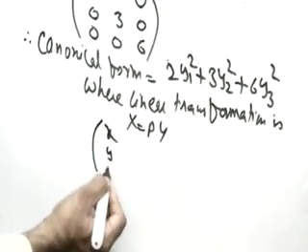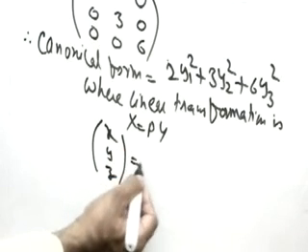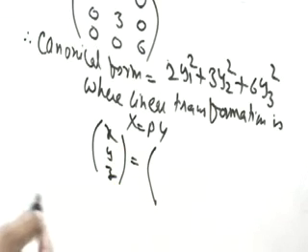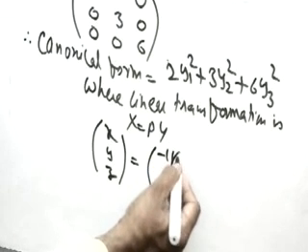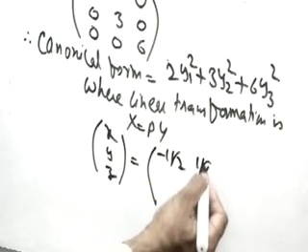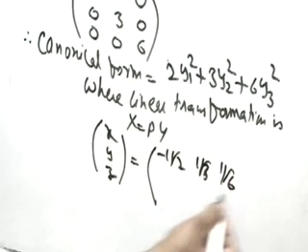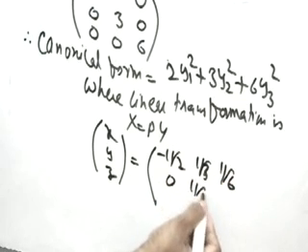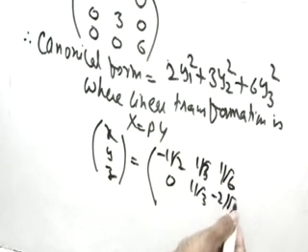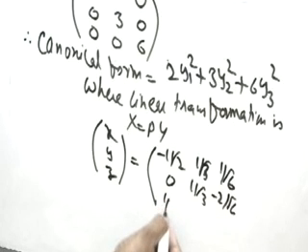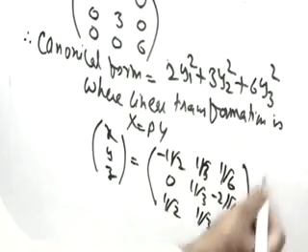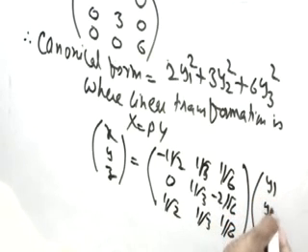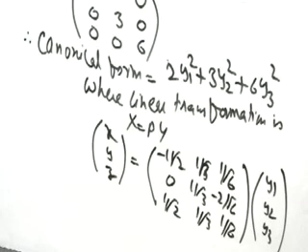X means we have variables x, y, z, equals P. We already found the value of P. P is minus 1 by root 2, 1 by root 3, 1 by root 6, 0, 1 by root 3, minus 2 by root 6, and lastly 1 by root 2, 1 by root 3, 1 by root 6, into y. Y is y1, y2, y3.